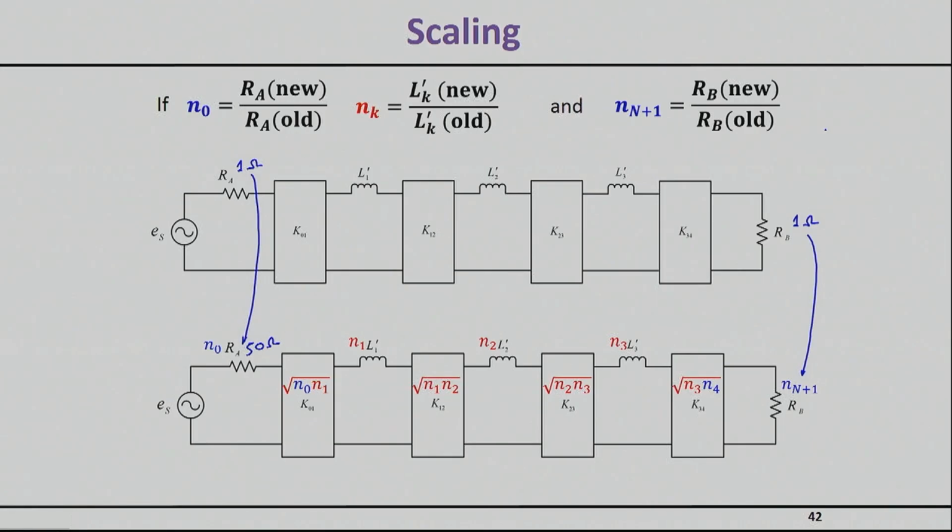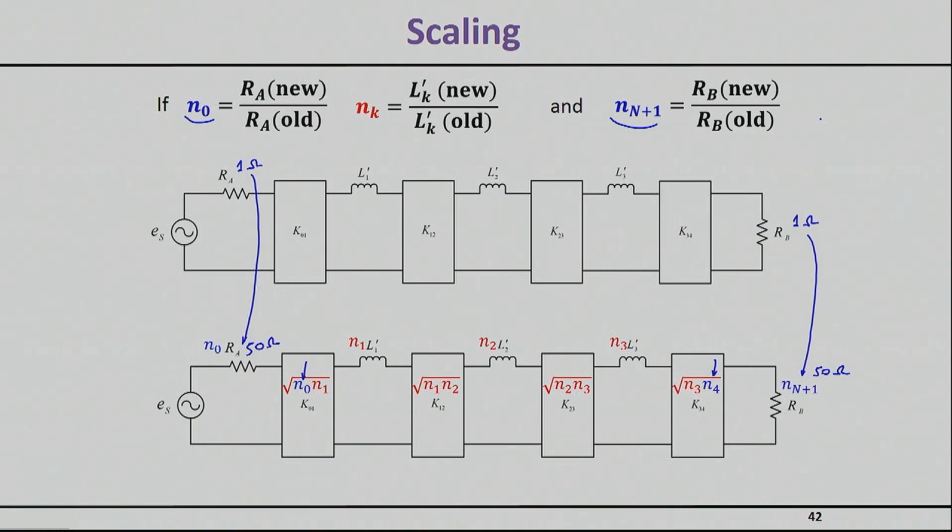This type of scaling means that your beginning and ending impedances have a ratio, and that ratio is what I'm calling here n naught, n plus 1. And as we have already learned, if that happens, all we have to do is scale the inverter appropriately by the square root of this.